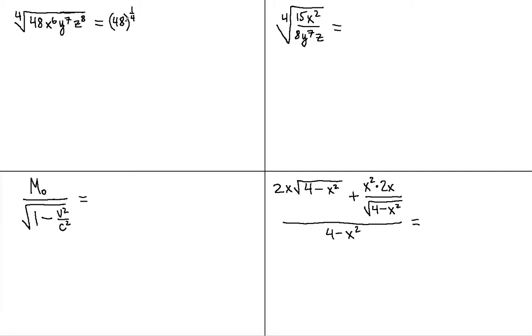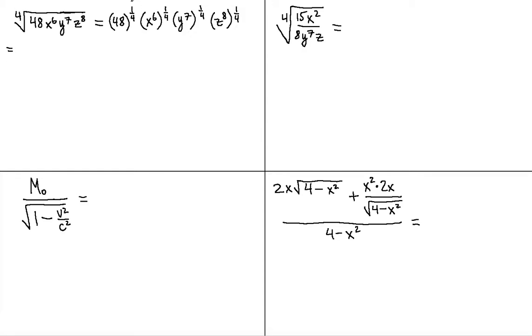So we're going to carry out individual fourth roots of every single term inside the fourth root radical. Then we have x to the 6 raised to the 1/4 power. We have y to the 7th raised to the 1/4 power. And we have finally z to the 8th raised to the 1/4 power.